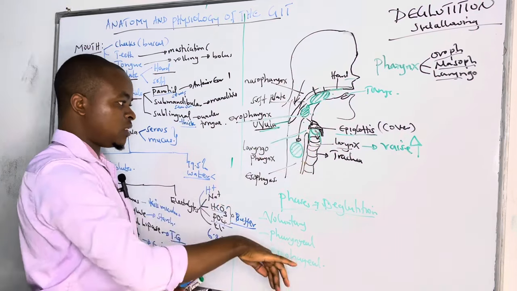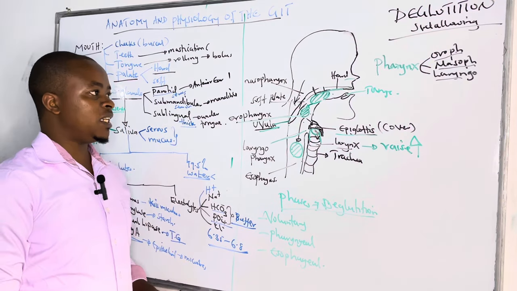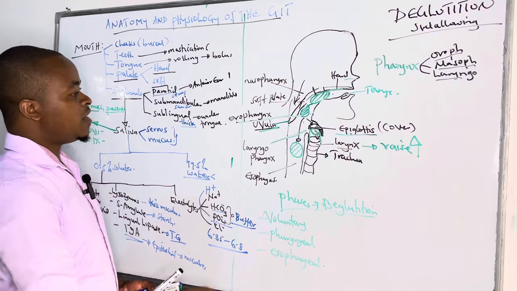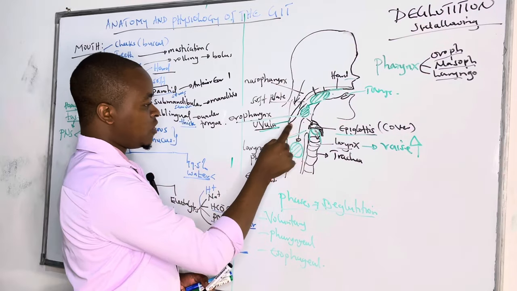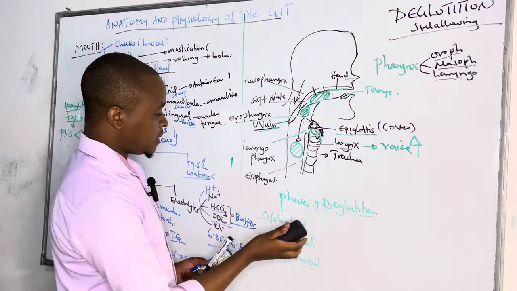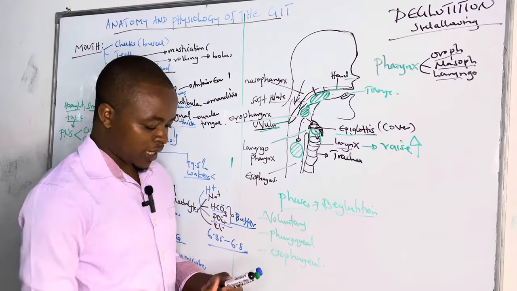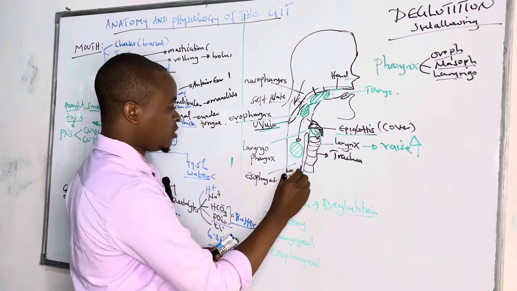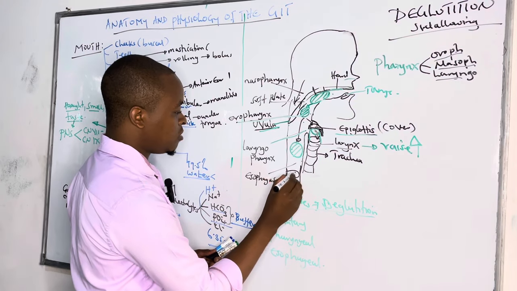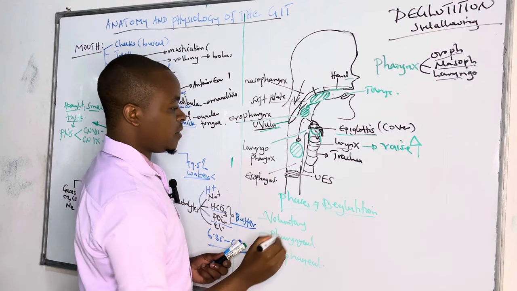the one that opens into the esophagus. So it is the last part of the pharynx. So when the food bolus has reached the laryngopharynx, there is a place here before we enter into the esophagus. The esophagus has what we call the upper esophageal sphincter.